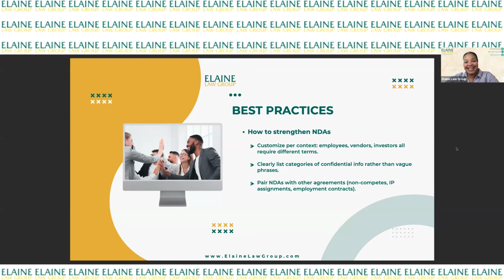So anyway, and then you want to pair your NDAs with all of your other agreements that you might have anyone within your business create. So non-competes might speak to employee relationships, even vendor relationships, and investor agreements as well. They can also be incorporated, I'm sorry, NDA language can also be incorporated in some of these different types of agreements.